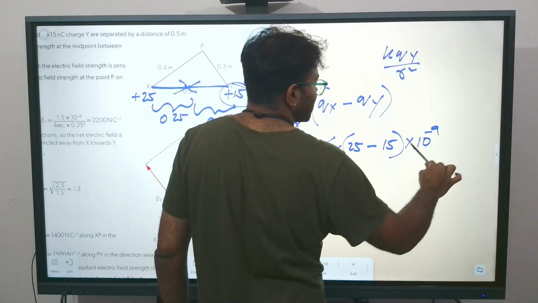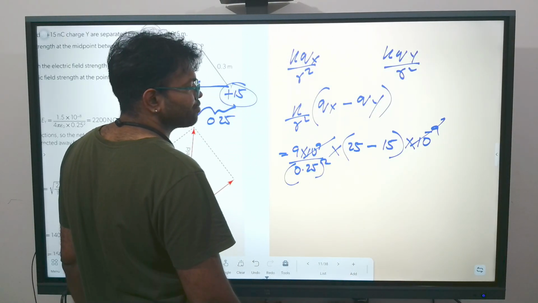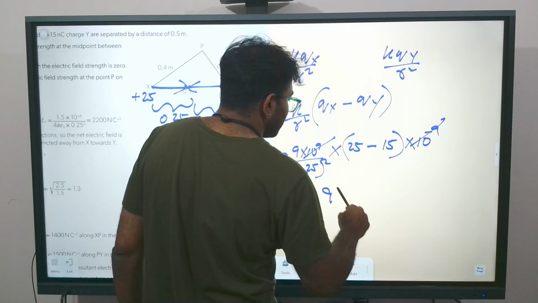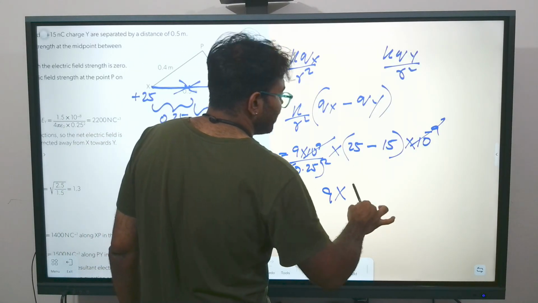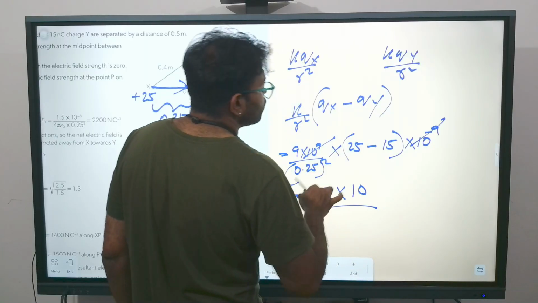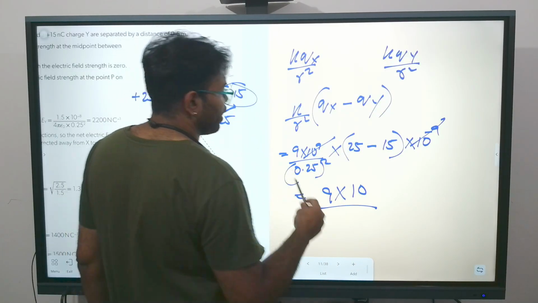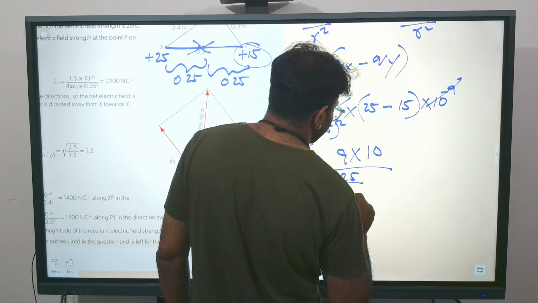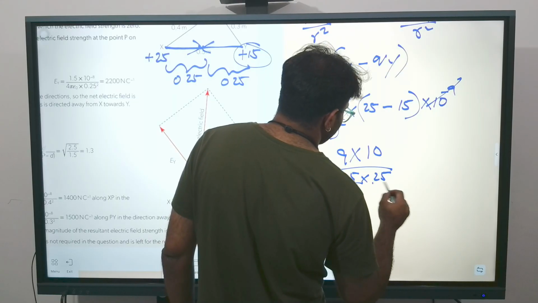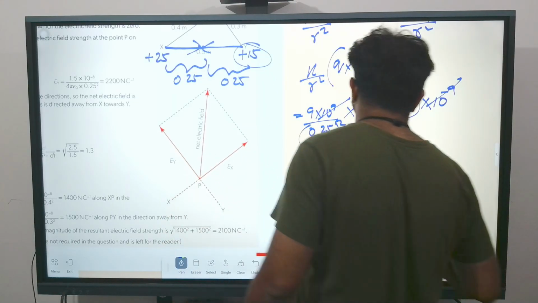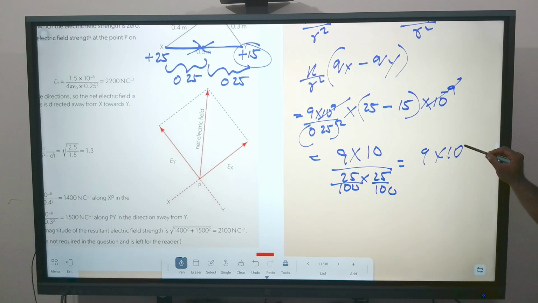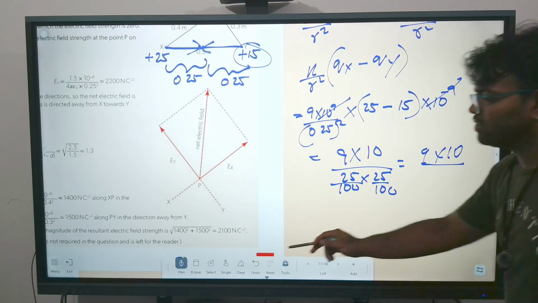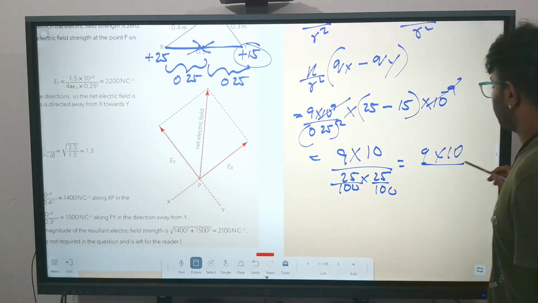So this and this can get cut off, and you will be left with 9 into 10 upon 0.25 squared. So I can write it as 25 upon 100 multiplied by 25 upon 100. So I'll be left with 9 into 10 to the power 9 into 10. Sorry, I'll just write it as 90.